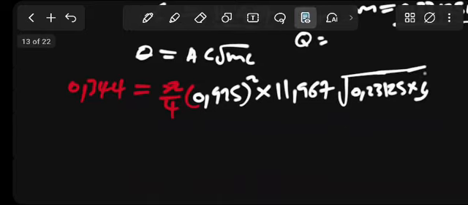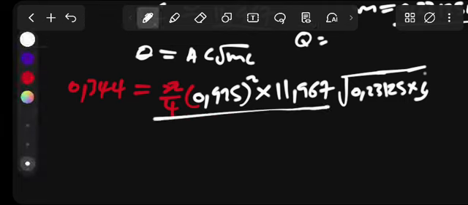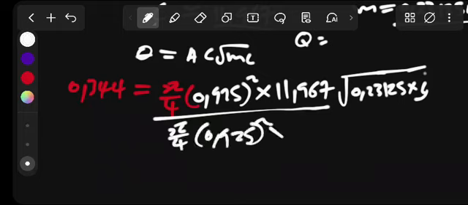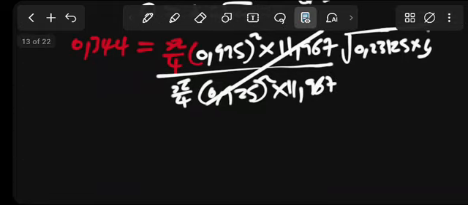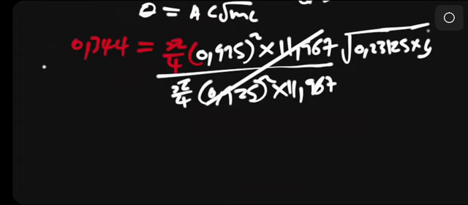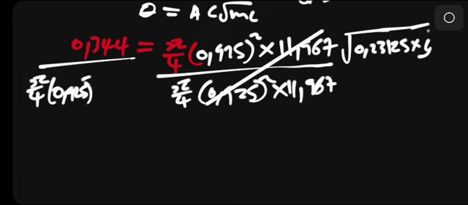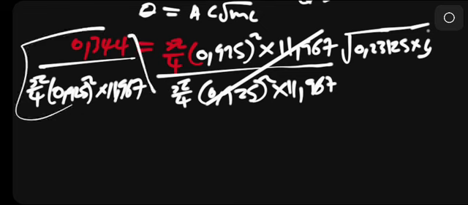Now it's a matter of math, dividing this side by pi over 4, 0.925 squared multiplied by 1. Okay, this and this will cancel. Also what we do on the left hand side, we also do on the right hand side. Then this is what we'll have there.